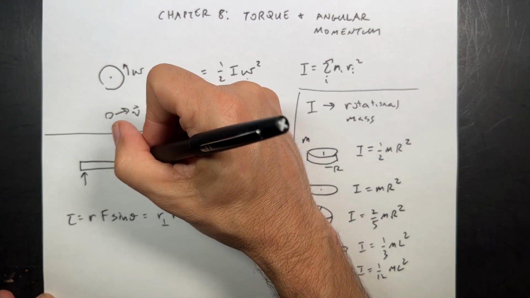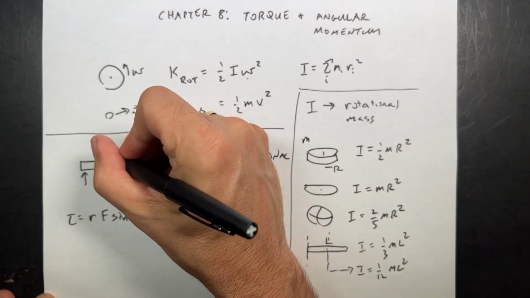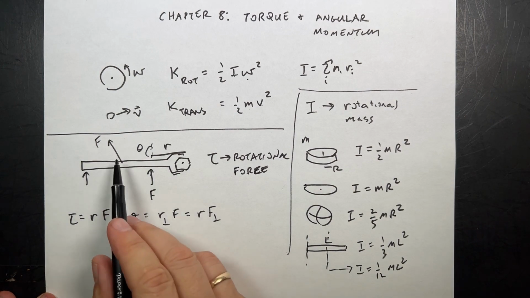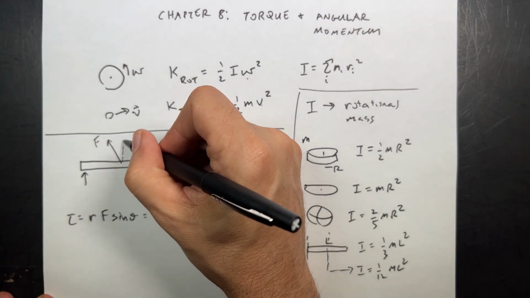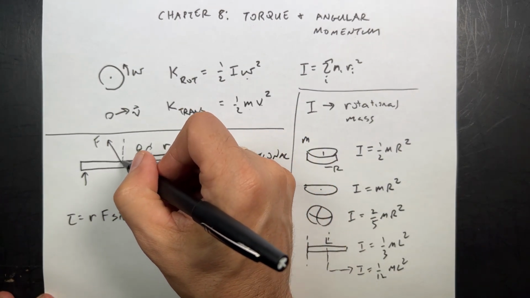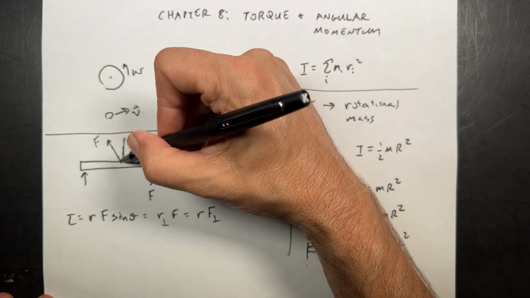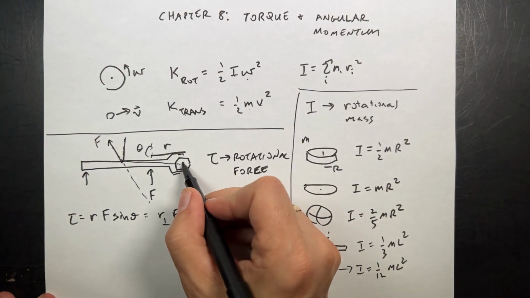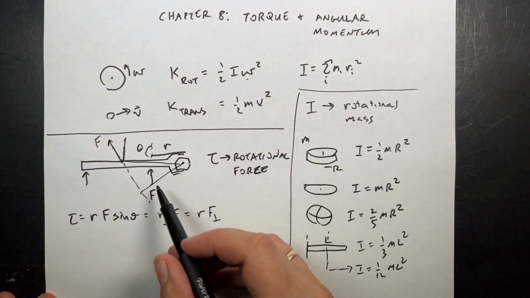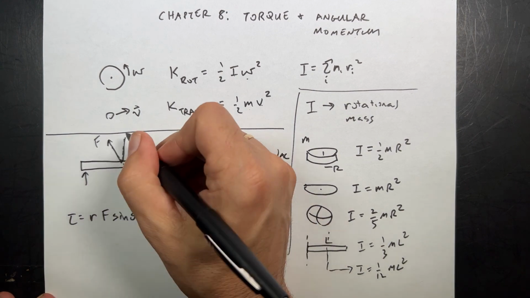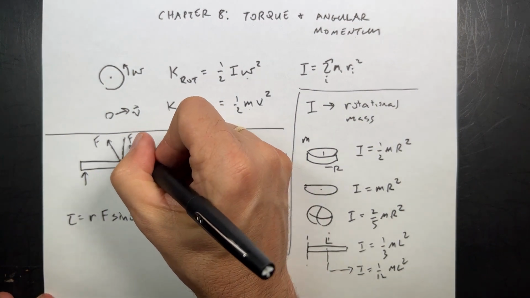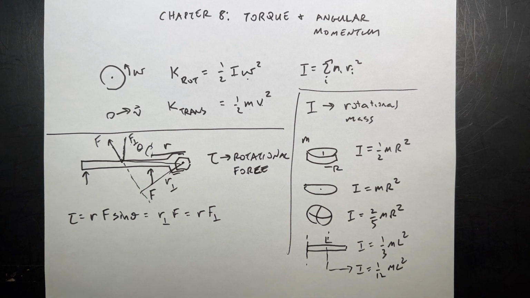So suppose I push with the force right here, F. I could use the perpendicular force. So here's my r, and I could use just that component right there. And it's the same thing as F sine theta. Or I could say, well, what about if I draw a line perpendicular to this and use this for r perpendicular? And that's F perpendicular. It's all the same thing.